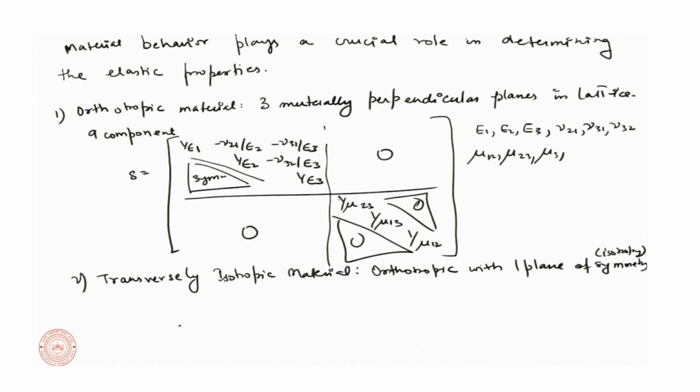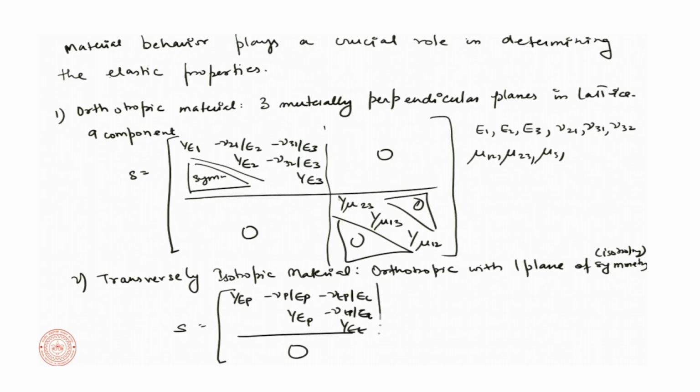Okay. In this case, our S will be, so we have now two planes. So 1 by EP, minus nu P over EP, minus nu TP over ET; 1 by EP, minus nu TP over ET.